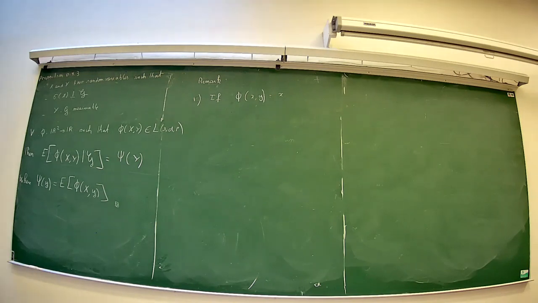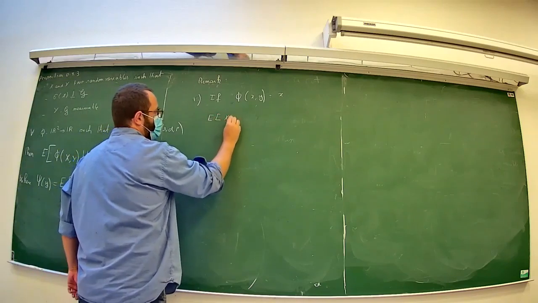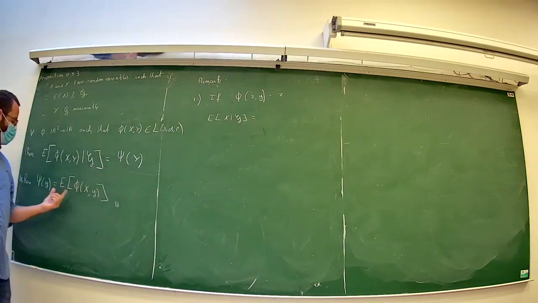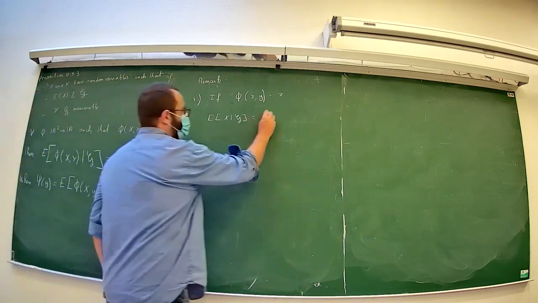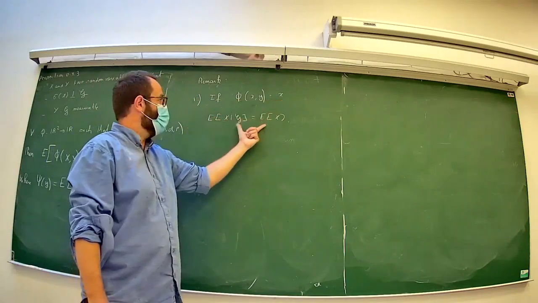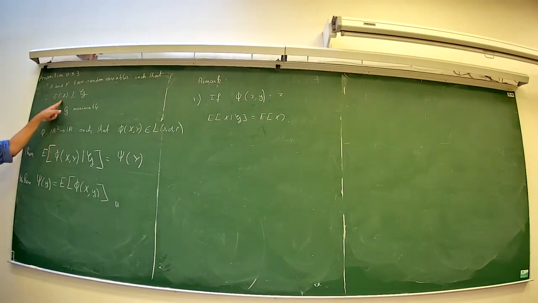I suppose that X is in L1. What is the meaning of my proposition in this case? That the conditional expectation of X given J is equal to this mapping of Y, but where the mapping is just the expectation of X. So in the case where I take phi of x, y equal to small x, I just recover the property of the conditional expectation with respect to independence: the conditional expectation is equal to the expectation in the case of independence.